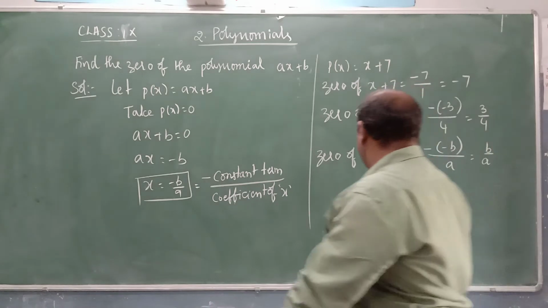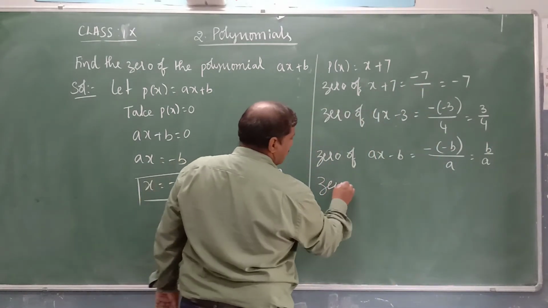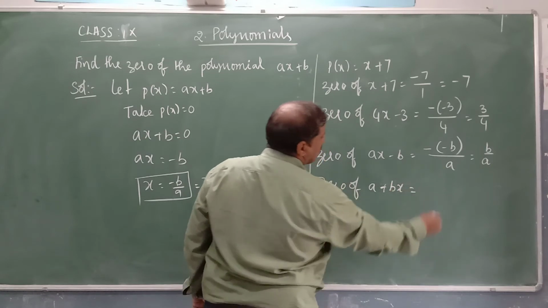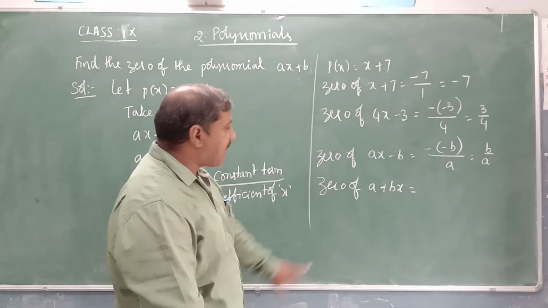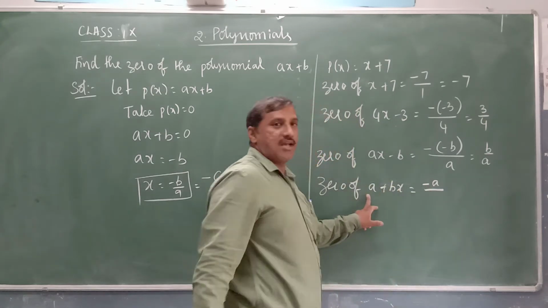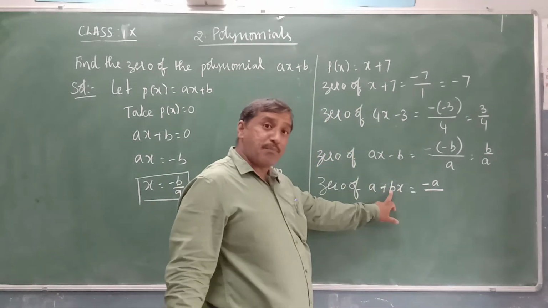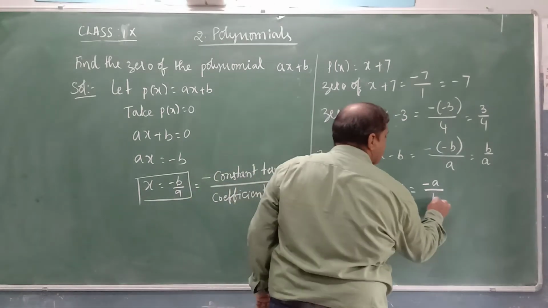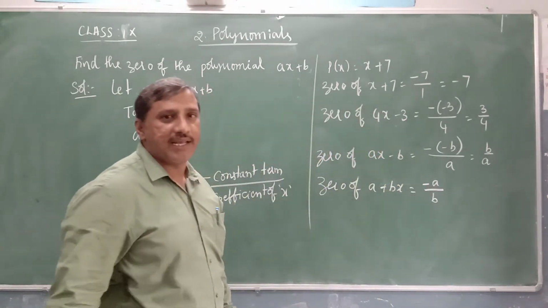And two more. Zero of a plus bx is equal to, here constant term is a, therefore it is minus a divided by coefficient of x, which is b. Therefore it is minus a by b.